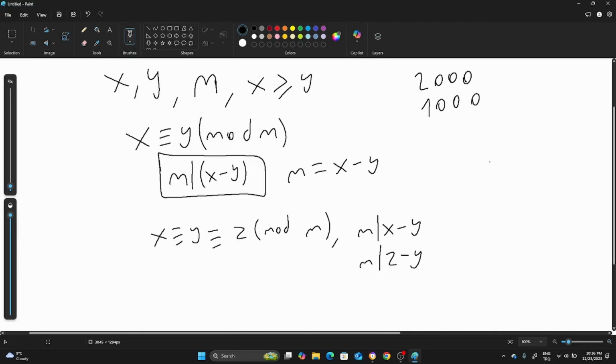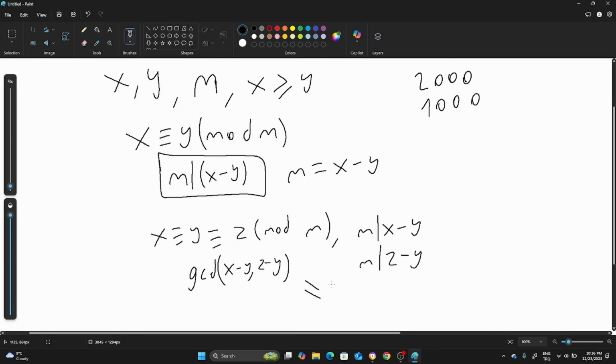So we are looking for m, right? So we can take the greatest common divisor of these two values, GCD of x minus y and z minus y, which will give us our answer.